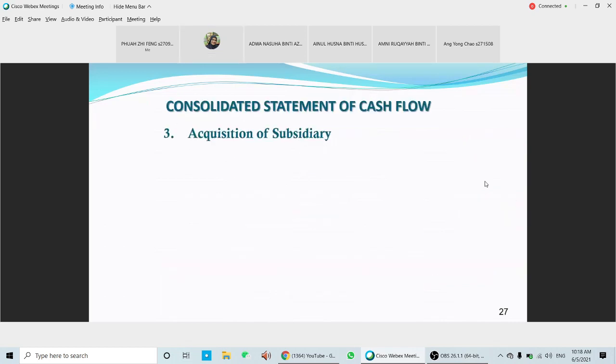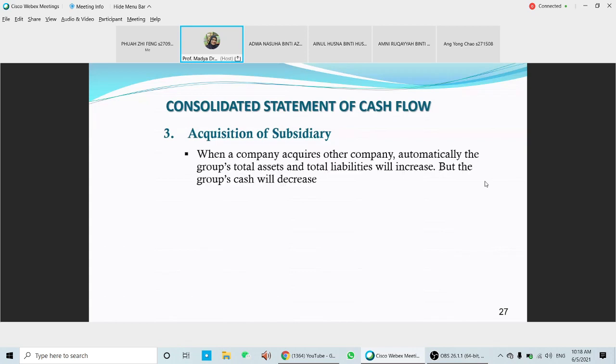And then we move to the next one, acquisition of a subsidiary. This is when a company acquires another subsidiary. When you acquire another subsidiary, automatically the group's total assets and total liabilities will increase, but the group cash will decrease.